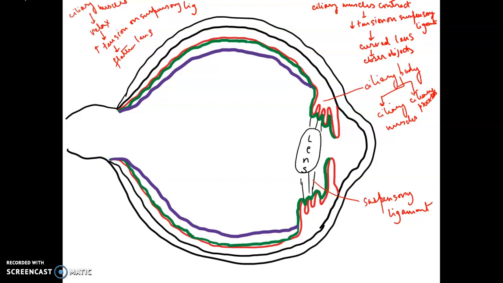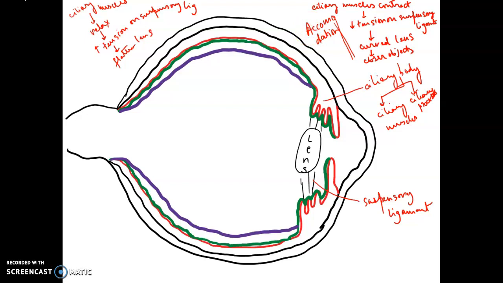The process of making the lens more spherical to view close-up objects is called accommodation. Accommodation is controlled by the parasympathetic division of the autonomic nervous system. So, this is accommodation of the eye. All right.